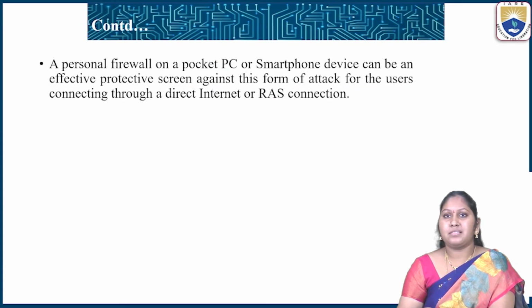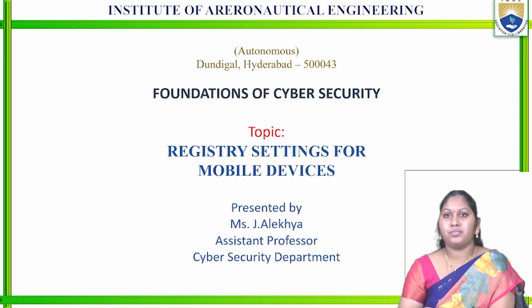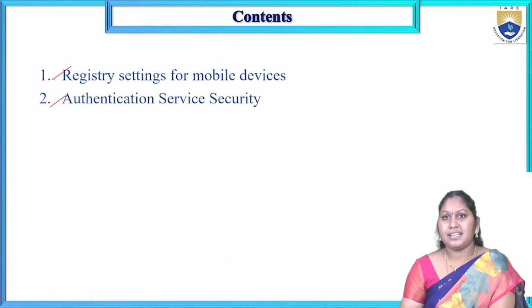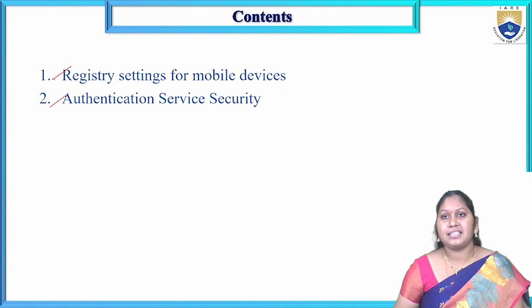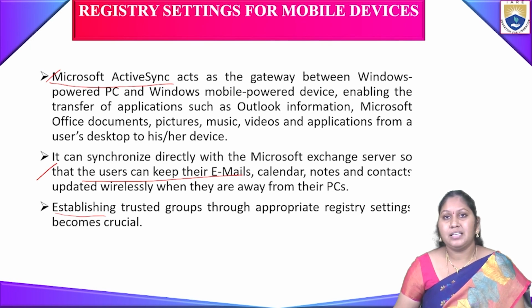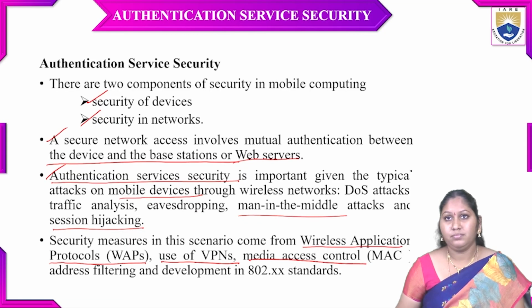Okay, this is all for today. Today we have discussed registry settings for mobile devices, the issues in registry settings for mobile devices, and authentication service security. The example for this is Microsoft ActiveSync. We discussed the importance of registry value browsing and authentication service security.